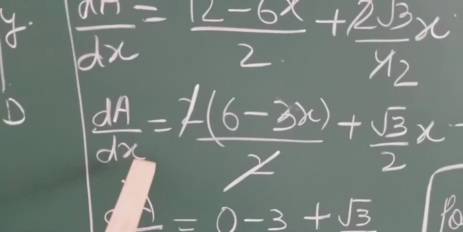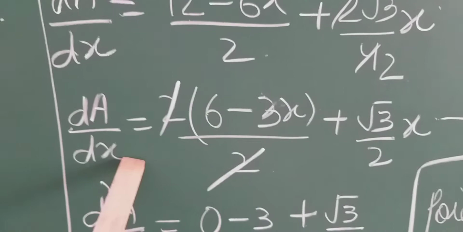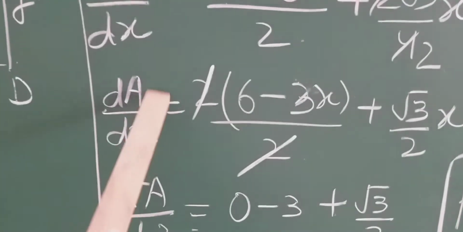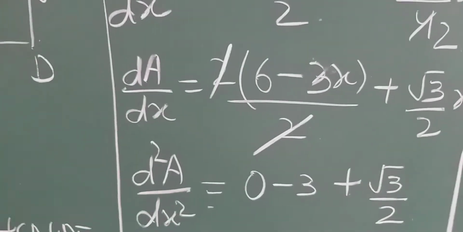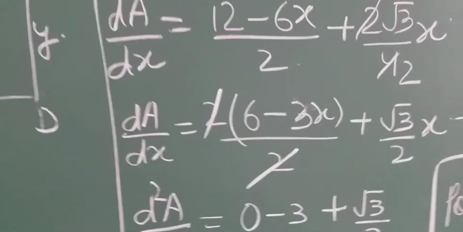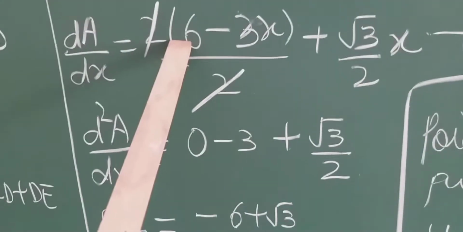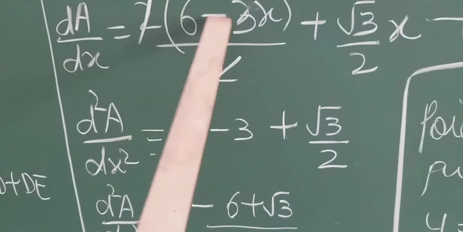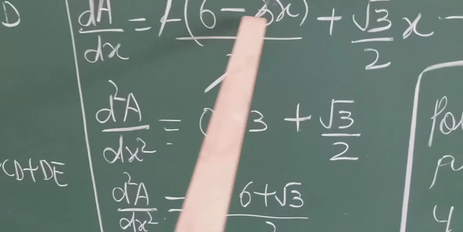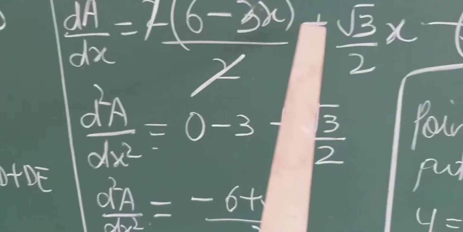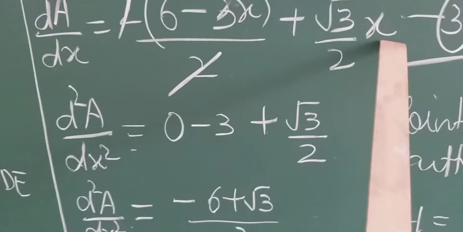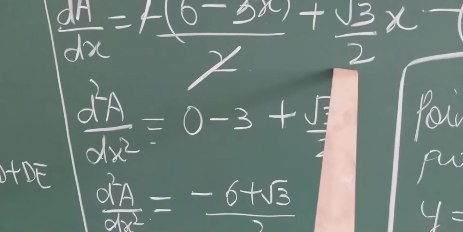So we are going to use second order derivative test here. So we have to differentiate again dA upon dx. Then d square A upon dx square equals to 6 derivative is 0, minus 3x its derivative is 3, plus root 3 upon 2 x, derivative is root 3 upon 2.